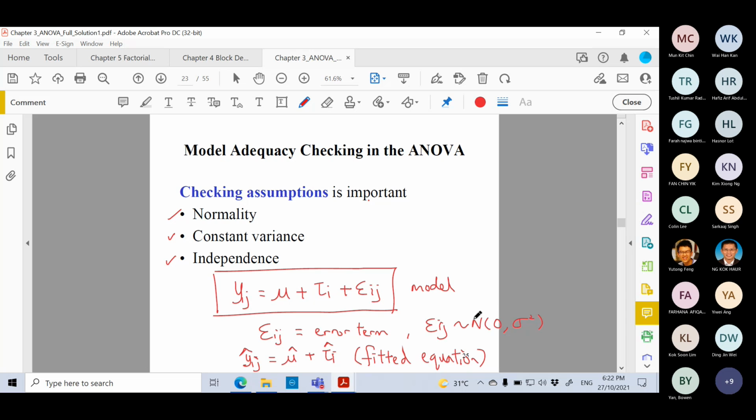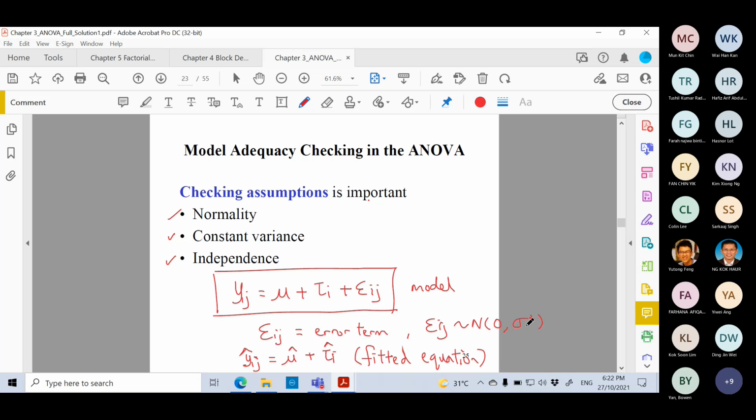This is the true model you have. But we definitely do not know all the errors from the true model, because our data is not the overall data. Our data is from the sample. So therefore, this quantity epsilon ij, definitely you do not know. So what we can do is calculate the epsilon ij from the sample. How are we going to calculate this, because we assume that they have mean zero and variance sigma square?